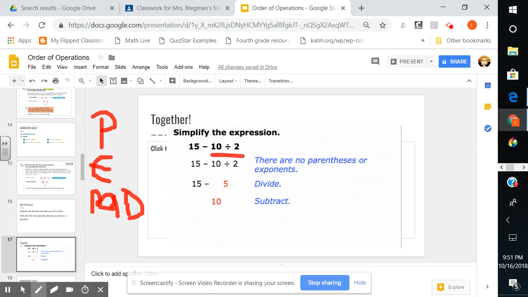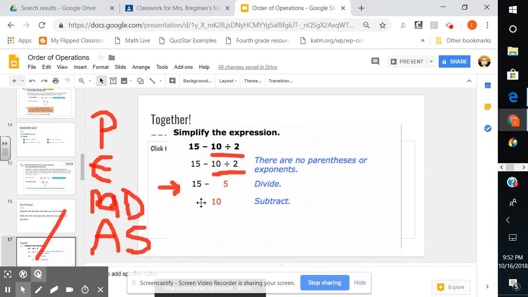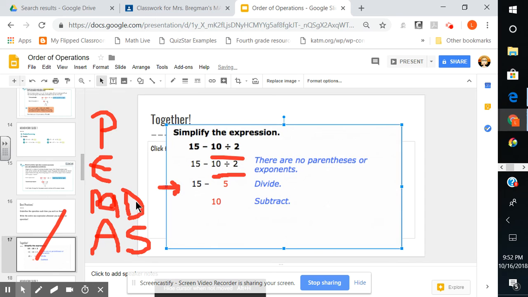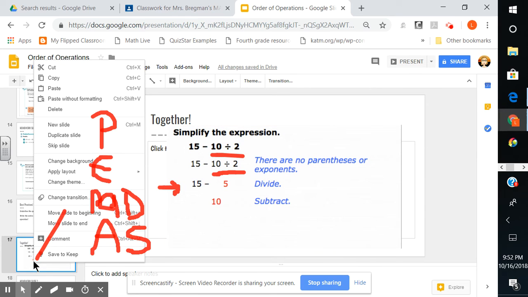You will perform the 10 divided by 2 first, and that gives you 5. Then bring down the 15, bring down the minus. Now you're going to do 15 minus 5, which is 10, because we do add and subtract as our last step. Again, left to right. So add, subtract, or subtract, add, whatever comes first, left to right. Let's continue.